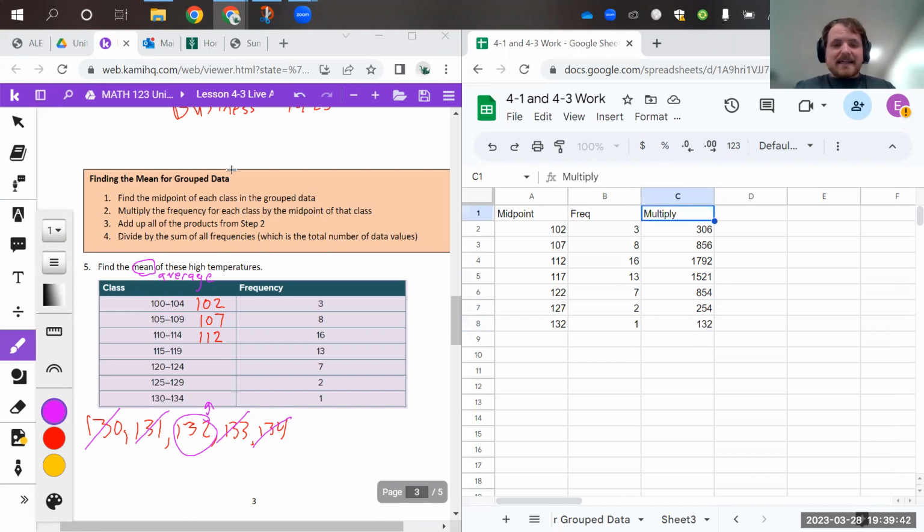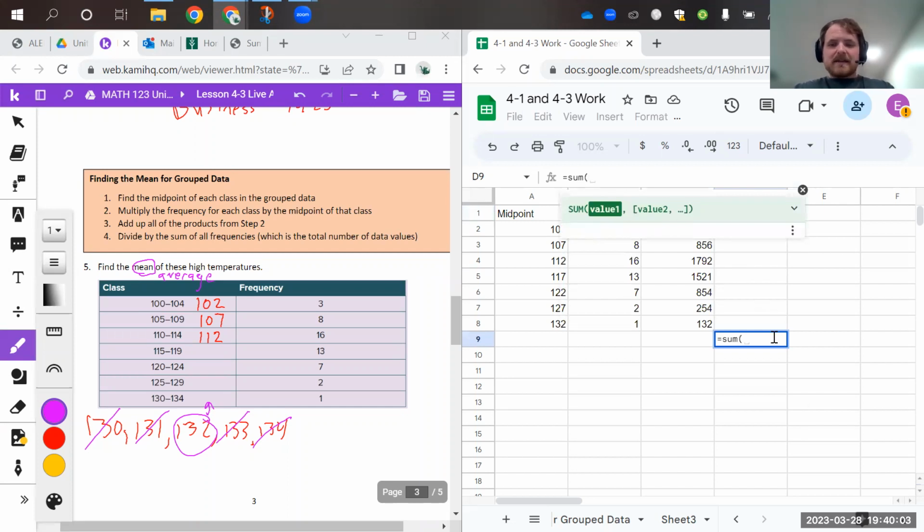These are the things I now want to sum. In number 3, it says add up all the products from step 2. There's another function in Excel for that sum, and if I'm just using a calculator, it's not in this nice, neat format. The sum equation is equals sum.